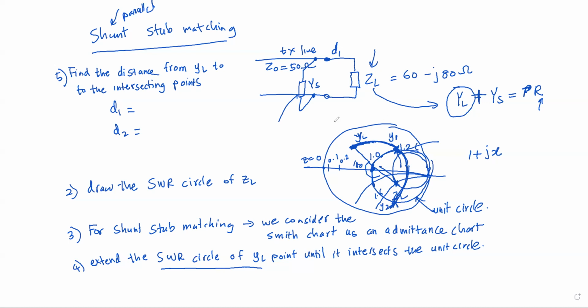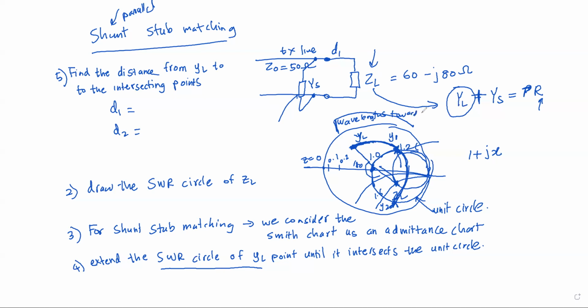You can measure the distance from the outer scale. There is a scale at the very outer edge of the Smith chart where you can measure wavelengths towards generator. Do you find that scale?